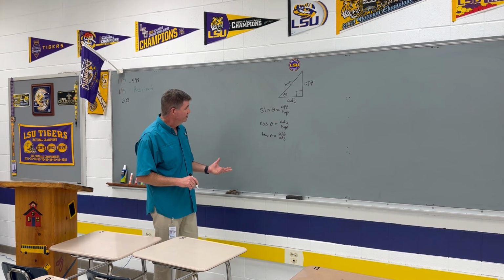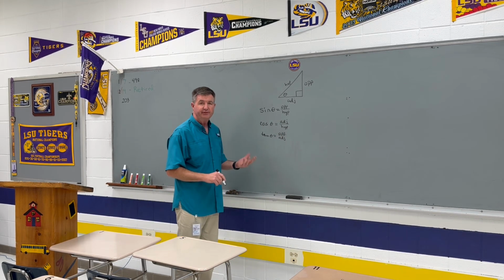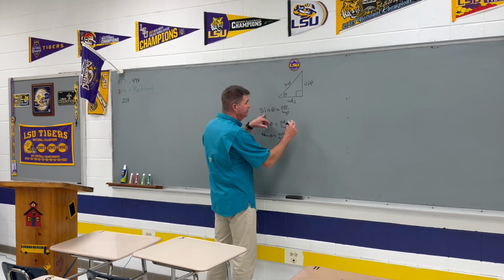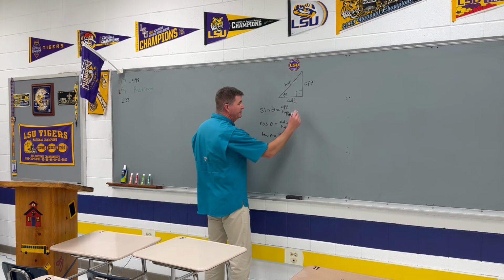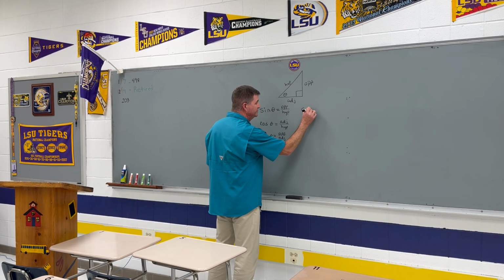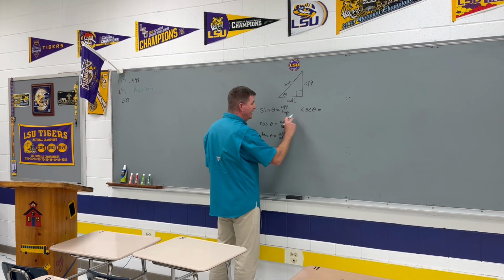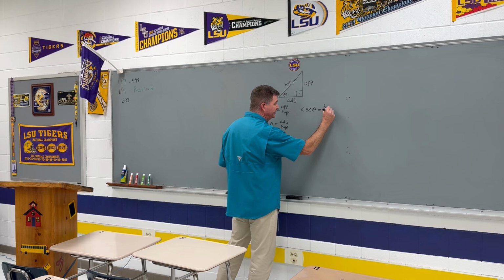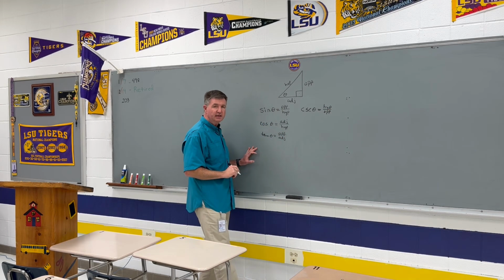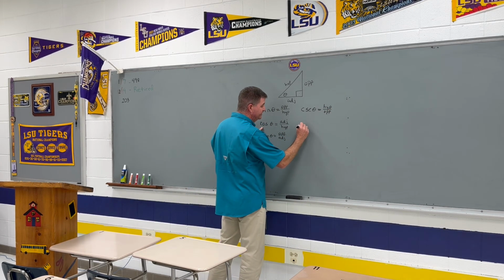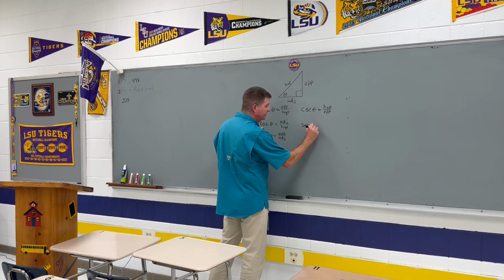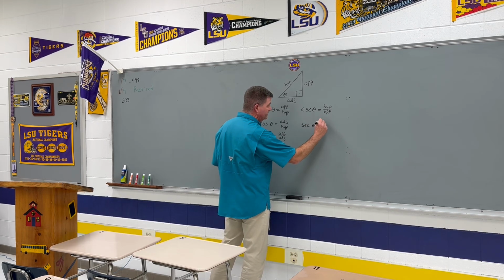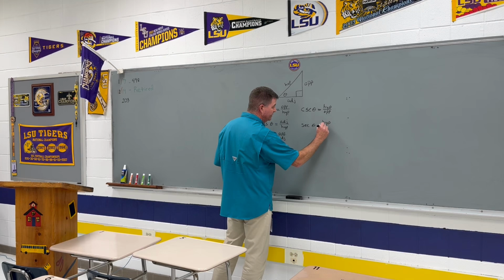Well, now in trig, we introduce the other three functions, which are reciprocals of the three that we see. So we have the cosecant, the reciprocal of the sine, or the hypotenuse over the opposite. For the cosine, the reciprocal is the secant, the hypotenuse over the adjacent.